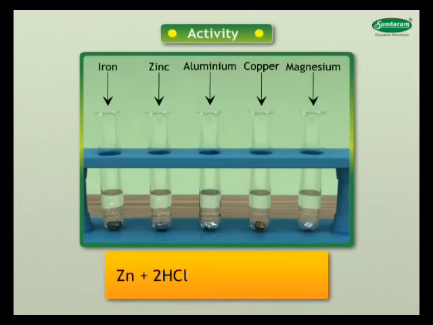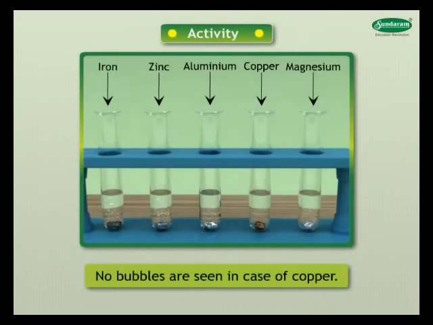Zn plus 2HCl gives ZnCl2 plus H2. No bubbles are seen in case of copper. This shows that copper does not react with dilute hydrochloric acid.